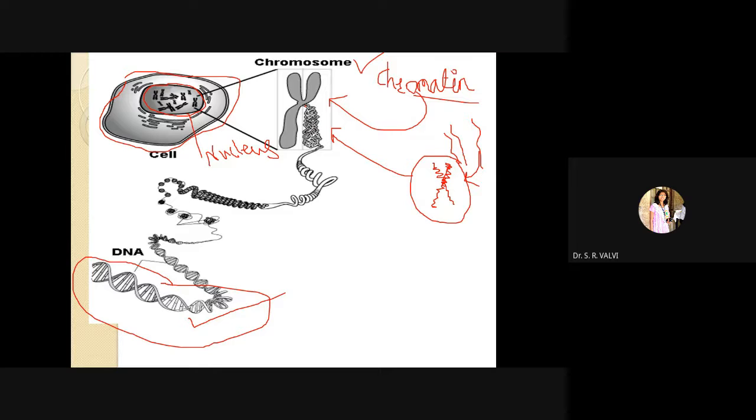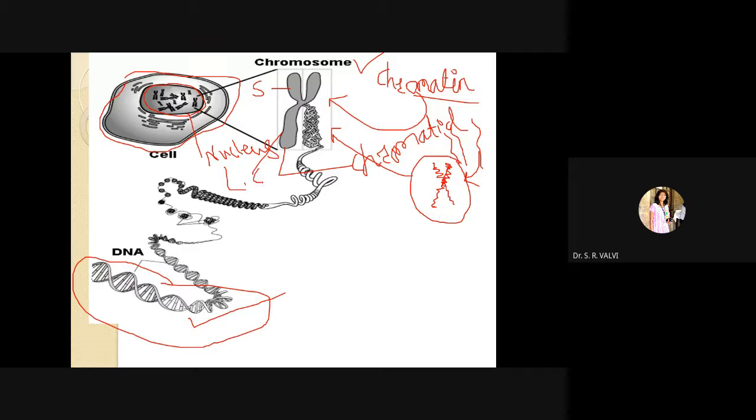Here again you can see, this single part of this chromosome is nothing but what? These are the chromatids, right? Chromatids are nothing but one part of the chromosome. Here you can see this is the short arm or short chromatid, and this is the long chromatid.